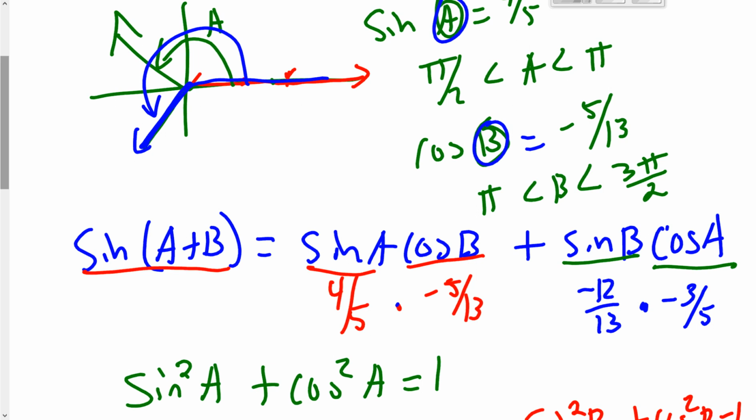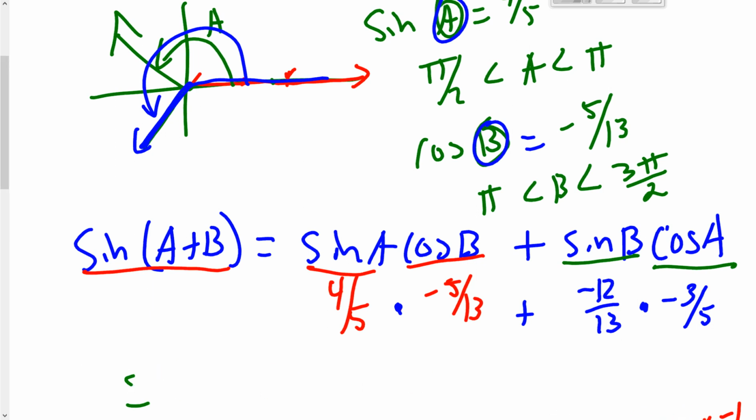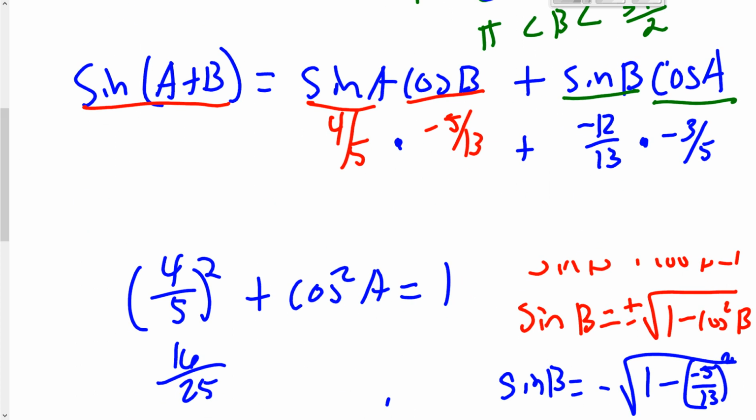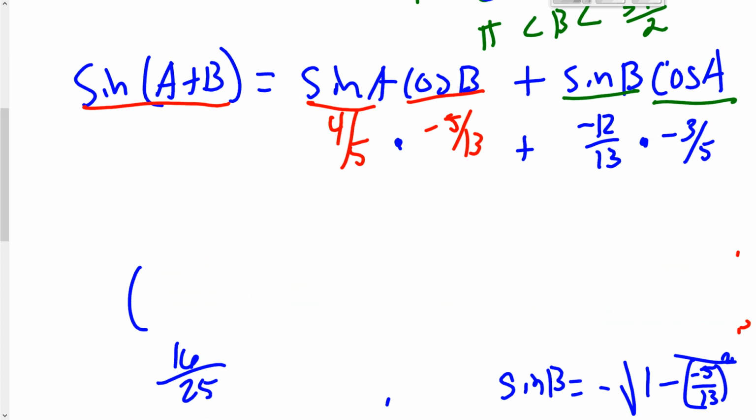Now we can multiply these, add the two, and then get our answer of sine of A plus B. So let's go ahead and delete this. Scroll down a little bit, maybe delete some more. Okay, so that'd be negative 20 over 5 times 13, 65.